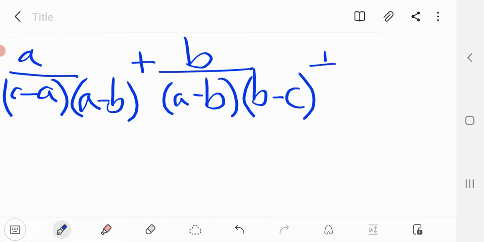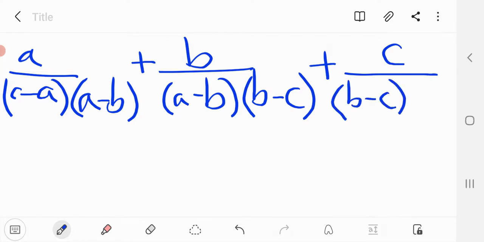Then plus c divided by b minus c, and the last factor is c minus a. As I explained before, the denominators are already written in factors form, not in a quadratic form.